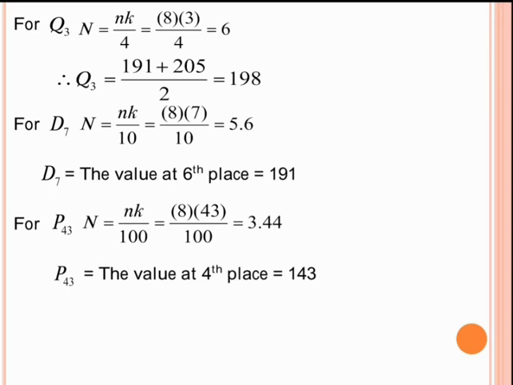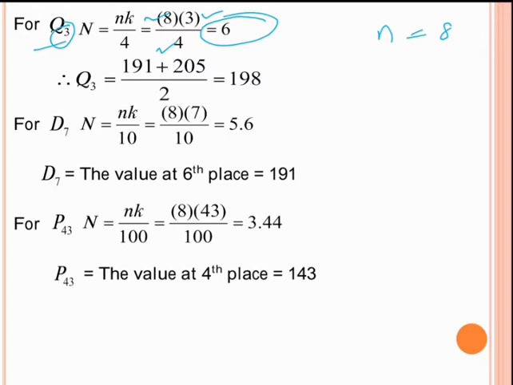Now next we have to find Q3. So again the formula for capital N will be n into k by 4. Our n is fixed, n is equal to 8. Here it is for Q3, so k will be equal to 3 divided by 4. So again the value is 6, which is an integer.